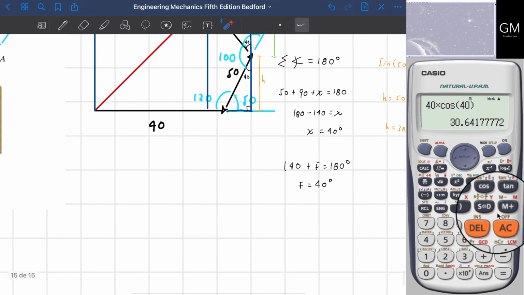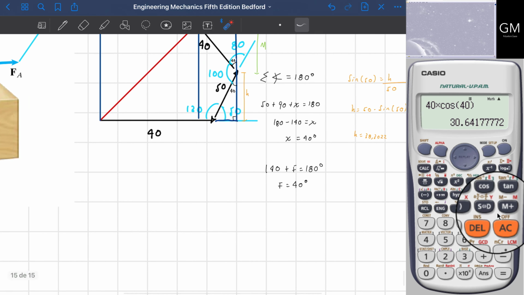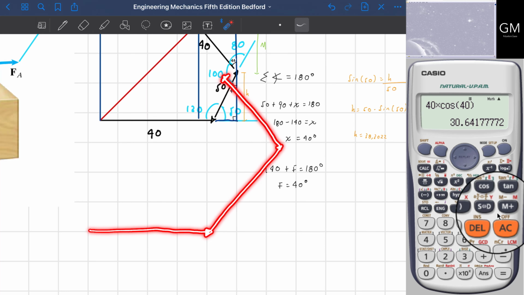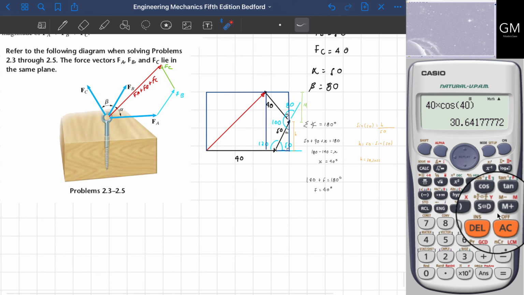Why is that? Let me explain myself. I have right here a vector that has 40 as a magnitude. Then I have a vector that has 50. Then I have a vector that has 40. So in this case, the limit of this vector has to be after this limit. So how can I make sure of that?